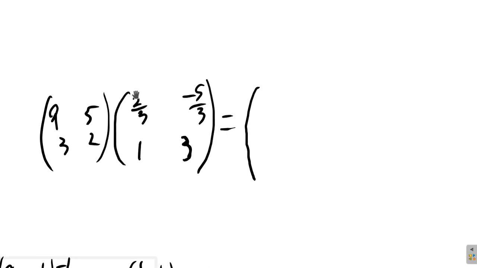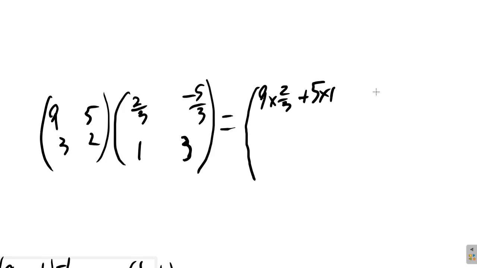You have to remember how to multiply matrices. So row 1 times column 1 is going to be first by first, 9 times 2 third, plus second by second, 5 times 1. That gives you row 1, column 1 in the answer, right? Then row 1 by column 2.